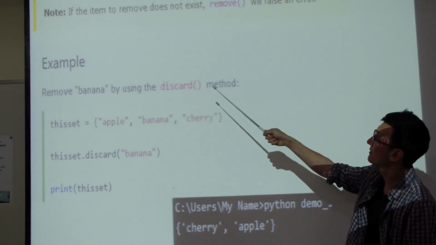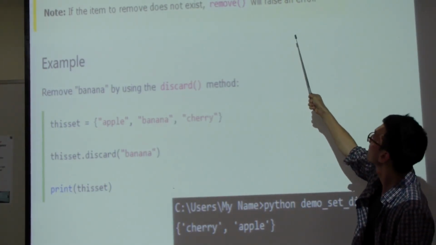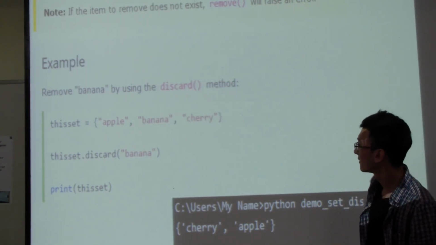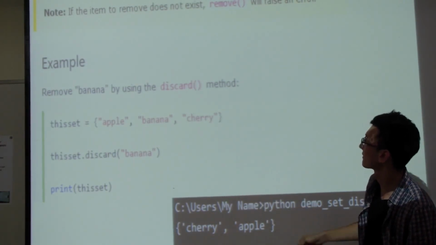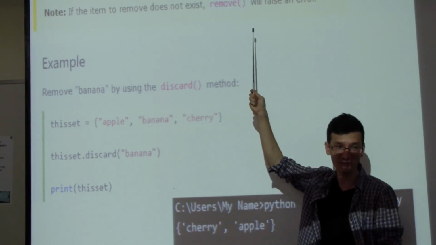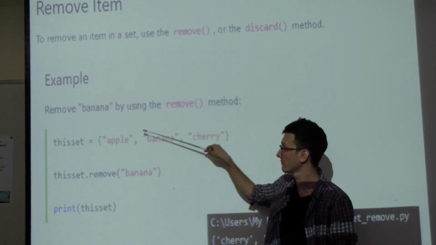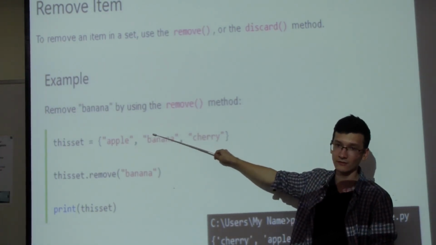Now, if the item to remove doesn't exist, remove will raise an error. If you would like to use remove and there is no such value, for example, here we don't have banana, it will raise an error.